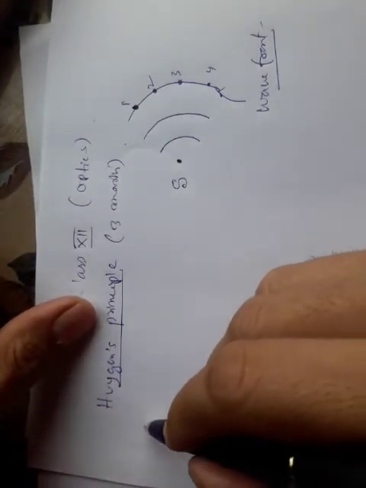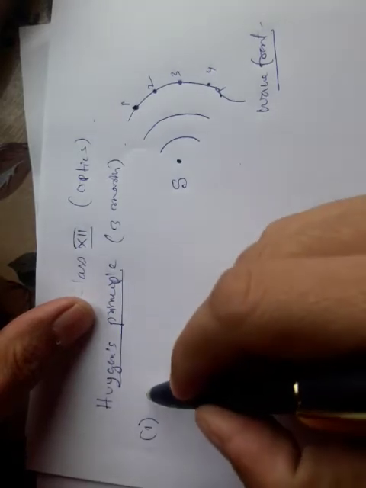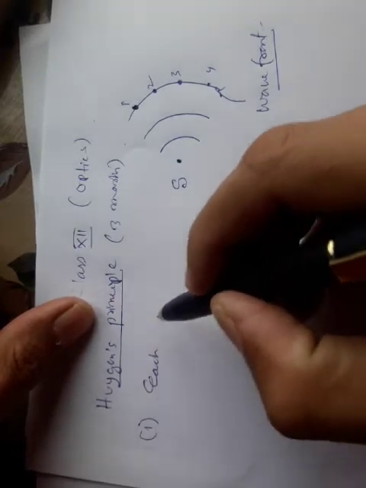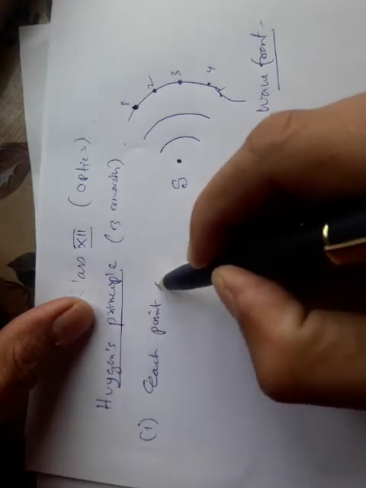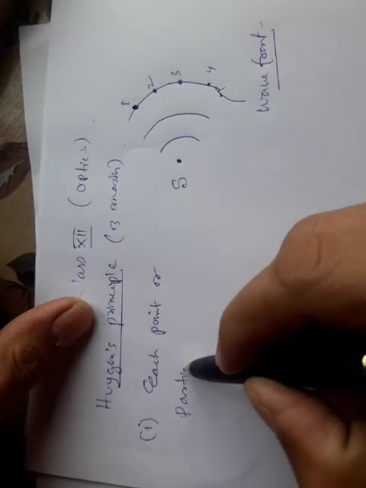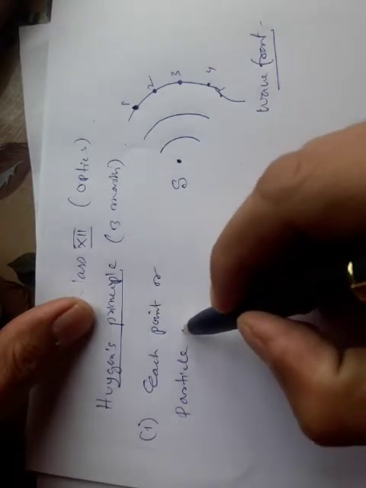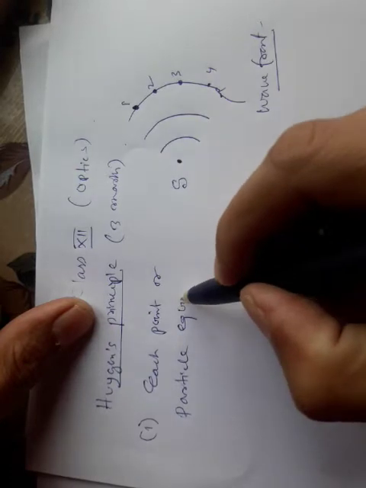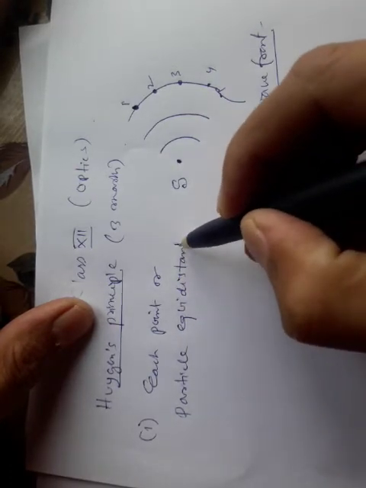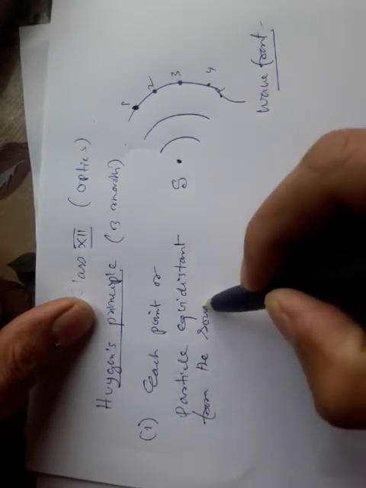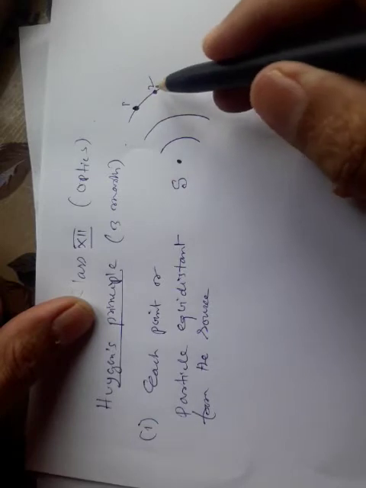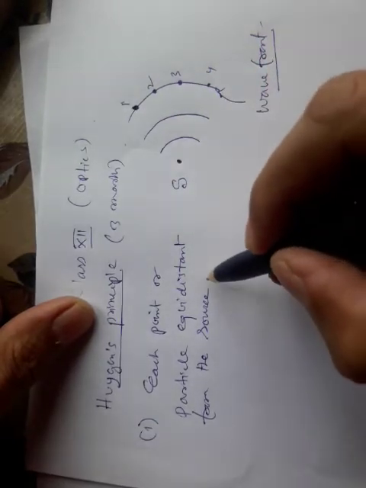So Huygens says, the first one, number 1: each point or each particle, like this, 1, 2, 3, equidistant from the source, and all of them should be vibrating in the same phase.